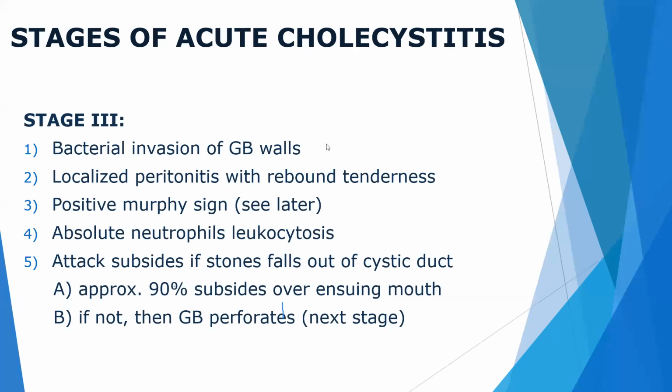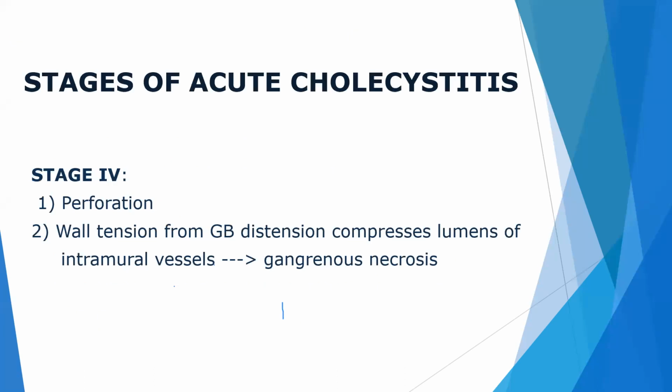But if it persists, or if there are multiple stones, one stone passes out and it settles, then again, after an interval, another stone causes the same. So that is acute on chronic cholecystitis and chronic cholecystitis; inshallah, coming Sunday we will learn about chronic cholecystitis.